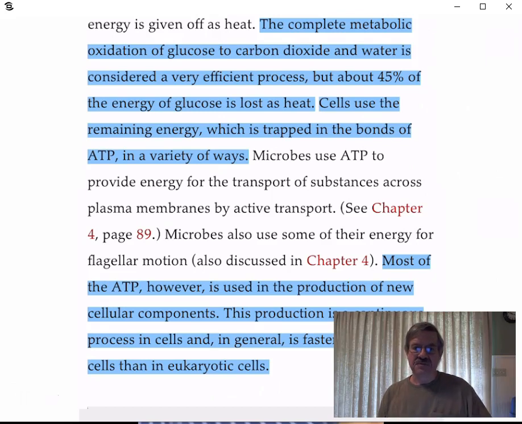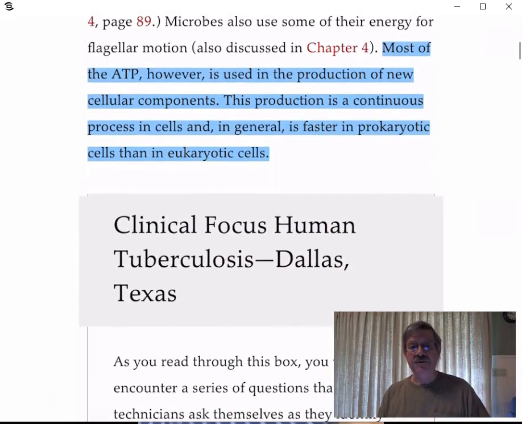Okay, so let's go on down here and take a look. One of the things your textbook points out is that most of the ATP energy in a cell is used to build new cellular components, and basically prokaryotic cells tend to be a little better at this than eukaryotic cells. We might look at it as the idea that there are fewer cellular components in those prokaryotic cells to build.